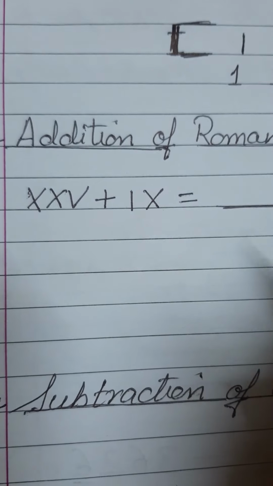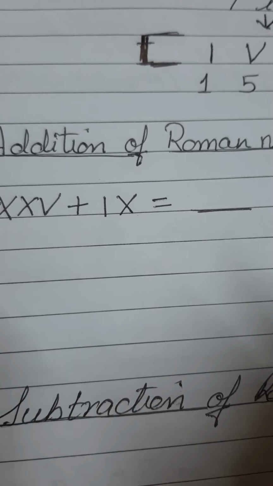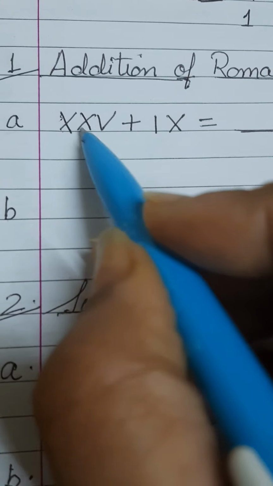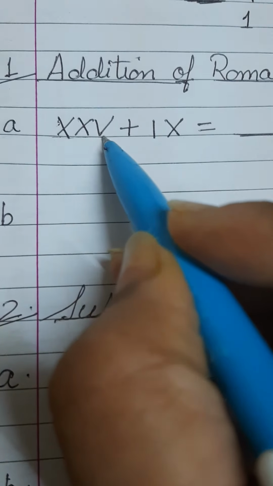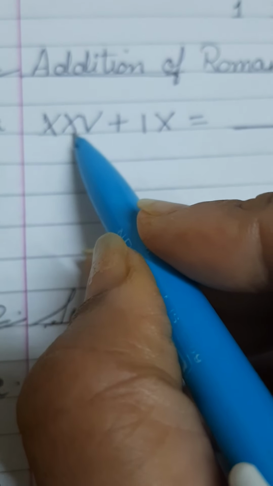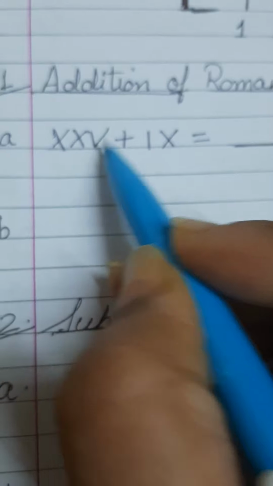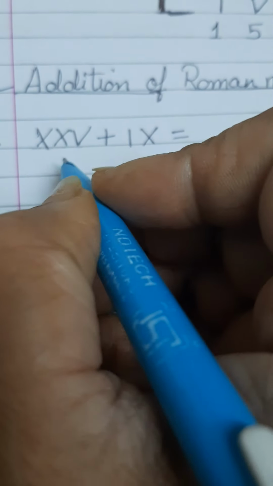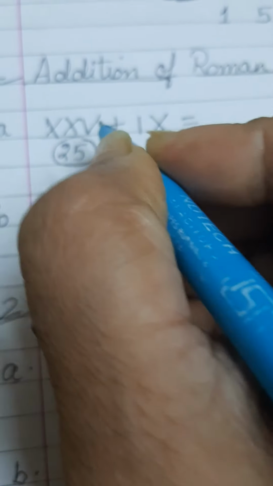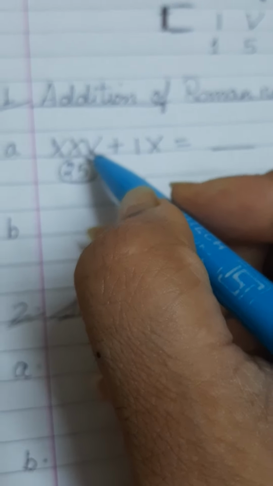Before we start answering it, first let us find out what this means. XV in Indo-Arabic numbers is 10, 20 and 5. It is 25. So your first step is to write down the number 25 here so that you are aware what number it is.